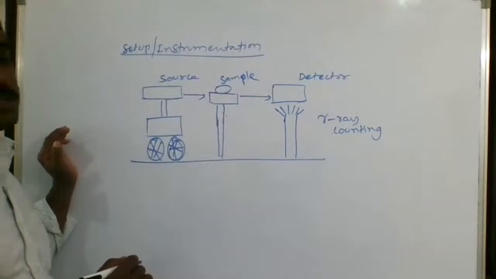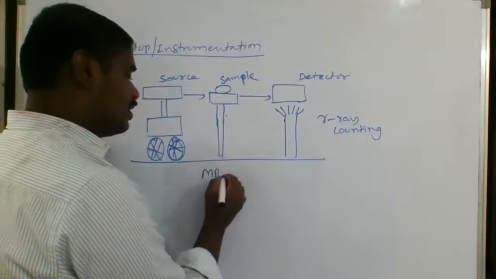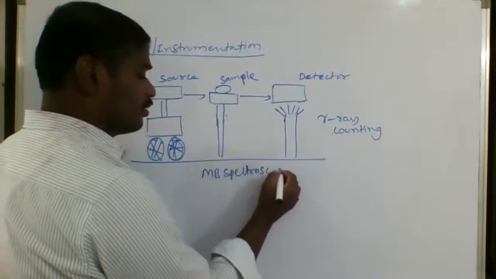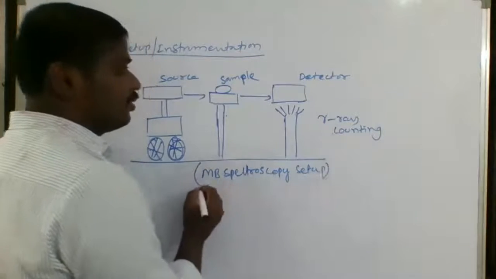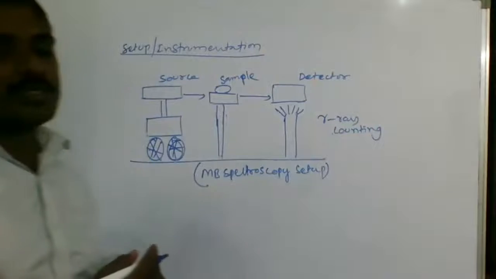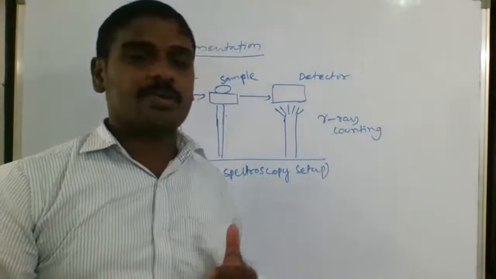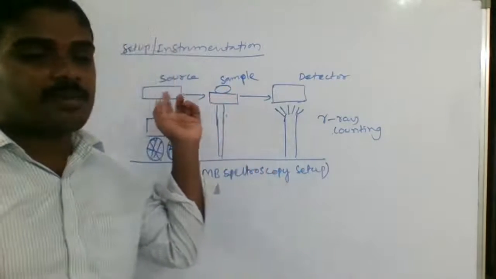So this is a Mossbauer spectroscopy setup. In Mossbauer spectroscopy, the spectrum can be obtained by irradiating this sample with the gamma radiation that is coming from the source.